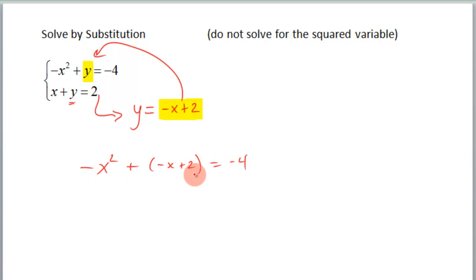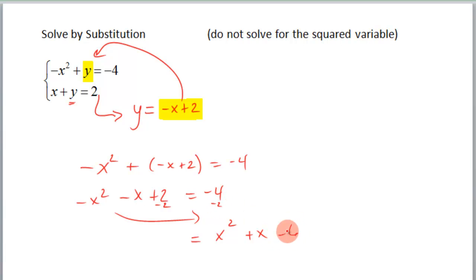Okay, then I can drop the parentheses: negative x squared minus x plus 2 equals negative 4. Let's move everything over that way so that we have positive x squared, right? So add an x squared, add an x, and subtract 2 from both sides.